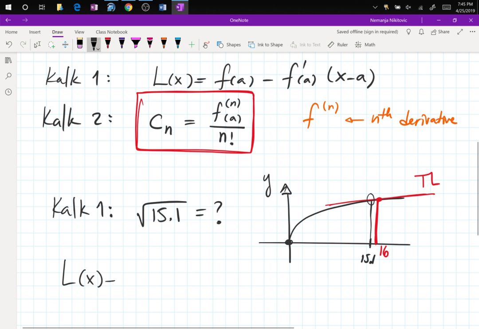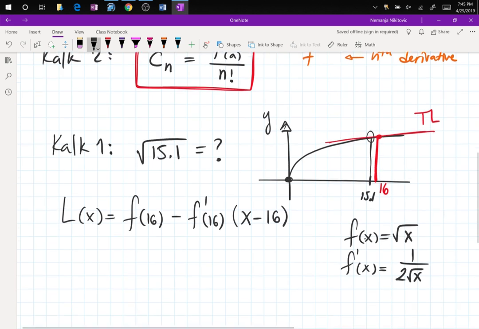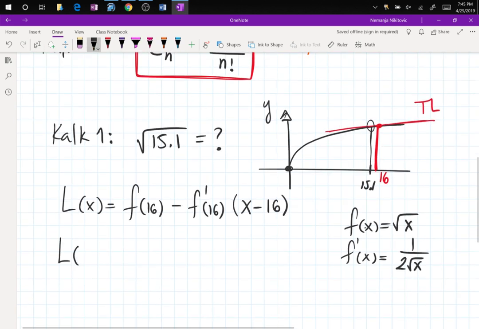So L of x from Calc 1 is the function computed at 16 plus the derivative computed at 16 times x minus 16. What's your function? Your function is square root of x, because you are calculating square root of 15.1, which means that your f prime of x is 1 over 2 root x. So now, your tangent line, which we write as a linearization, is square root of 16 plus 1 over 2 root 16 times x minus 16.